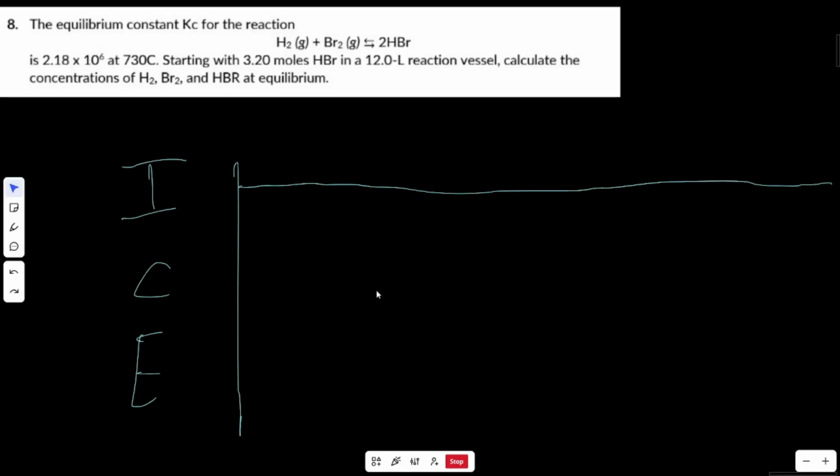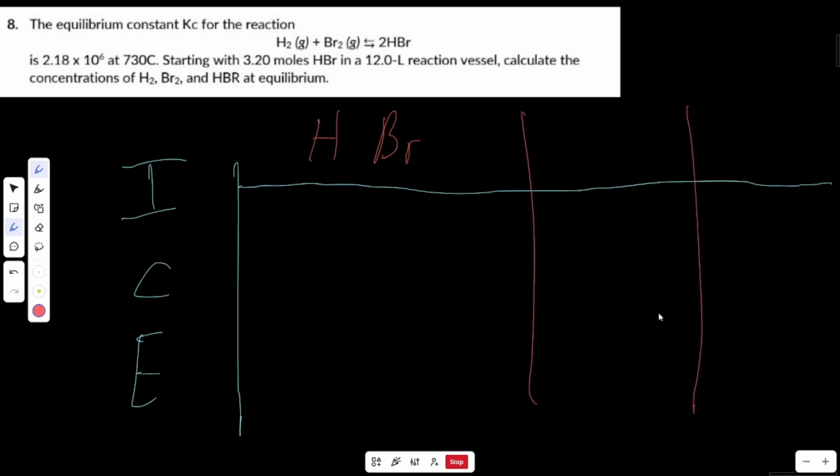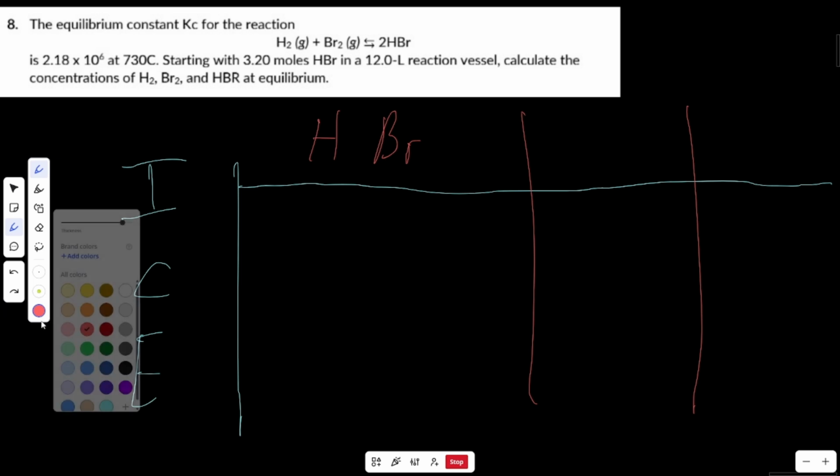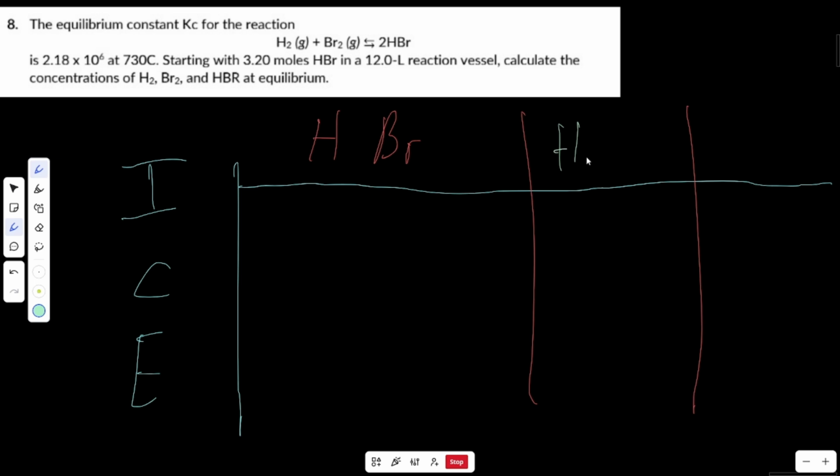There you go. Alright, so we have to make sure that HBr is on the left since that's what we're concerned with. So HBr is over here, and then we have two more columns, and this is going to be H2. Let's use a different pen here so that we can show that they're products, H2 and Br2.